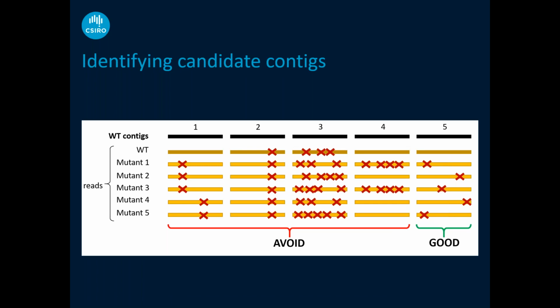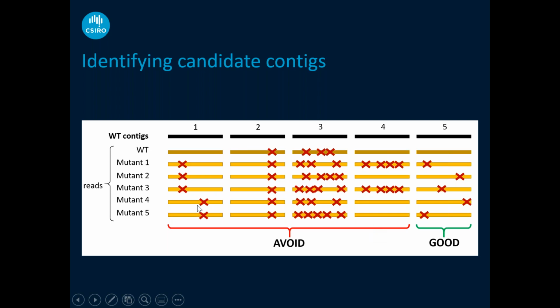When you identify candidate contigs, ideally you want to see something like this contig number 5 here, where you have a unique independent SNP in each of the mutants. But artifacts and noise can crop up, which you want to filter out.